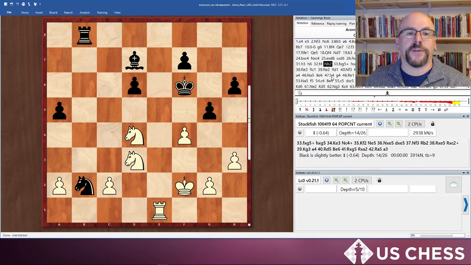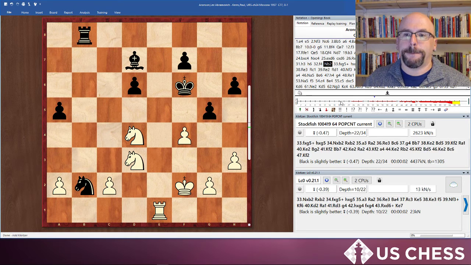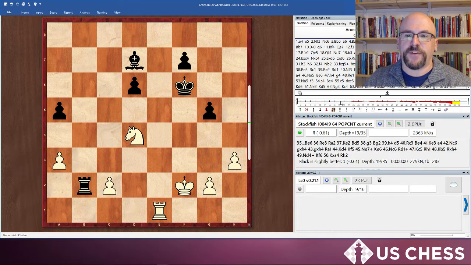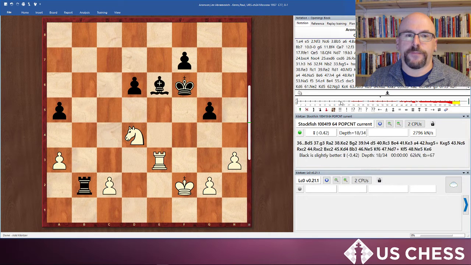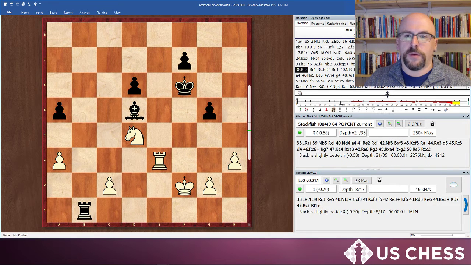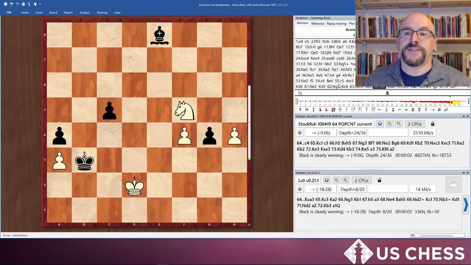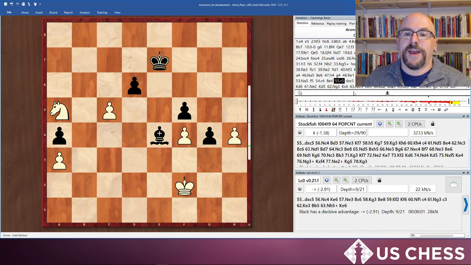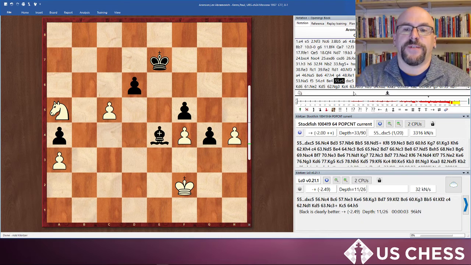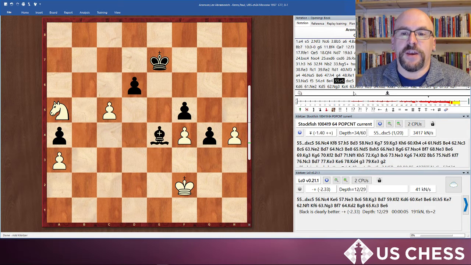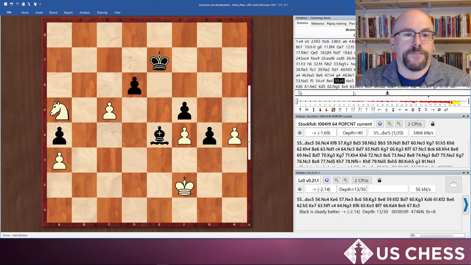So if we go somewhere in the middle of the game, see if we can find something dramatic. Yeah, so maybe even here. Stockfish is evaluating the position as approximately a pawn and a half in black's favor. Leela is giving it 0.223.